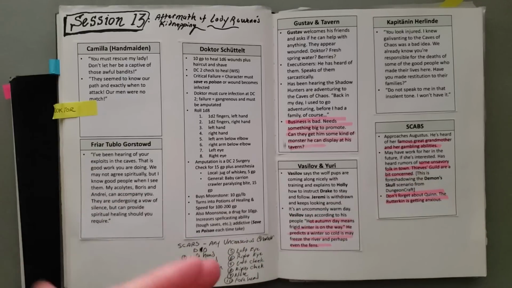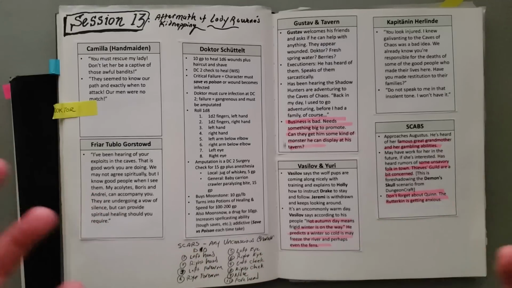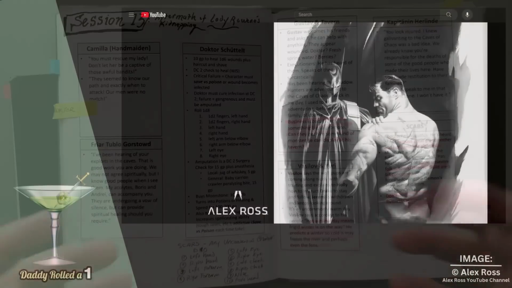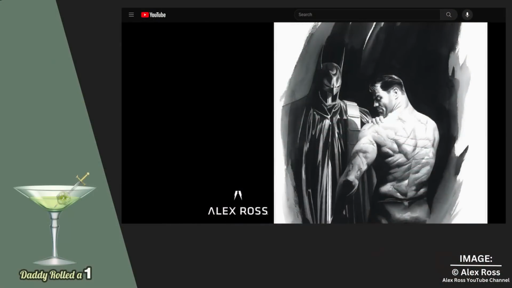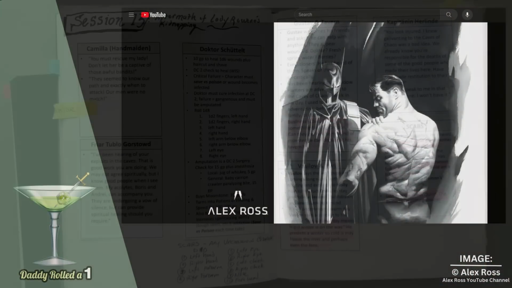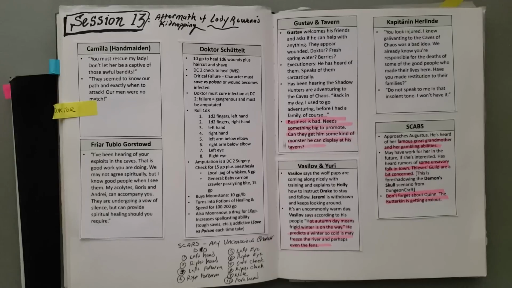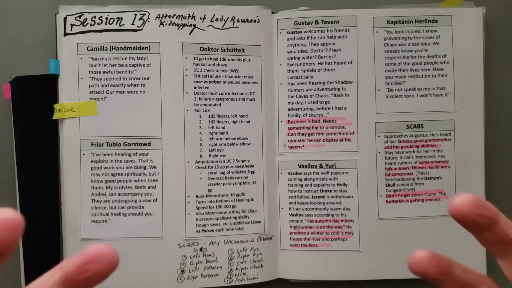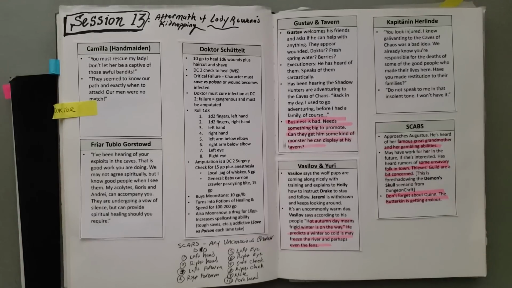If you're constantly going into battle and constantly getting hurt, your body's going to get beat up and it's going to be scarred. There's a famous painting, I think it's by Alex Ross. It's a comic book painting of Bruce Wayne's Batman, sitting on a chair or on the side of his bed after he gets back from his night of patrolling, with his Batman outfit off.